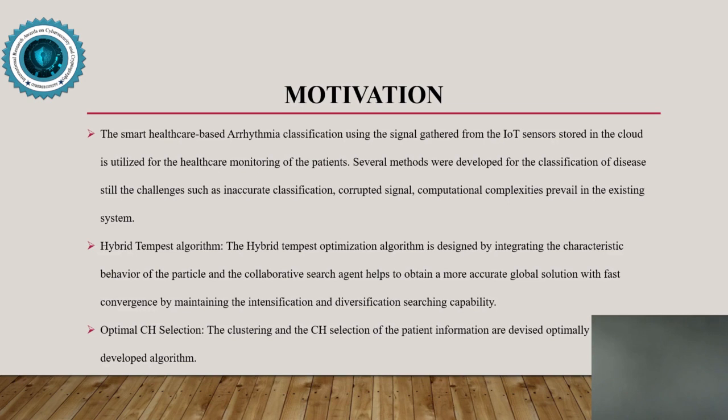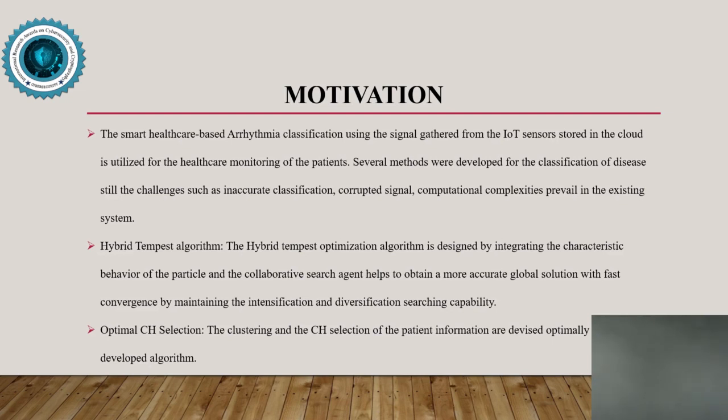The major contributions of the research are four. One is the hybrid Tempest algorithm, second is optimal CH selection, third is Tempest neural network for intrusion detection, and fourth is arrhythmia classification.